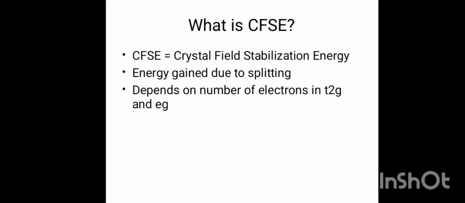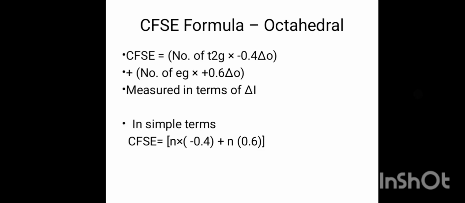What is CFSE? CFSE is expanded as crystal field stabilization energy. The energy gained due to splitting depends on the number of electrons in t2g and eg. Now the CFSE formula in octahedral complexes.